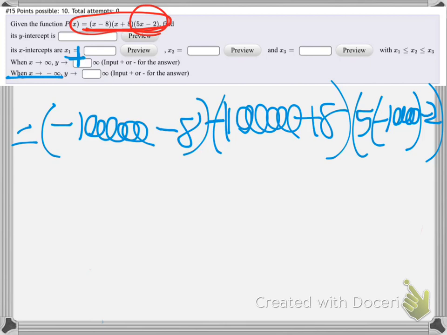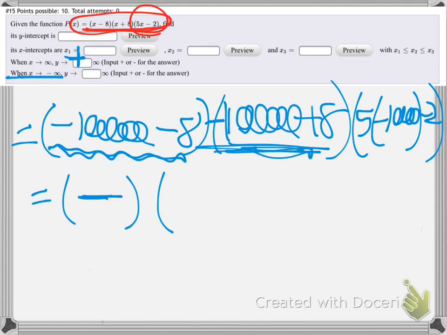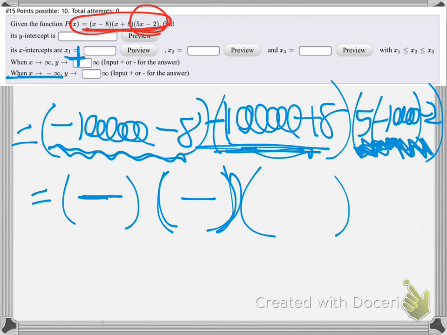And then we'll just see what that behavior ends up looking like. Will it be a giant positive or a giant negative? Negative 1,000,000 take away 8 is still a big negative. Negative 1,000,000 plus 8 is still almost negative 1,000,000, a giant negative. And then 5 times negative 1,000,000 is negative 5,000,000. Take away 2 is even more negative.